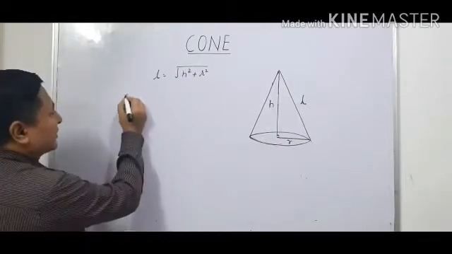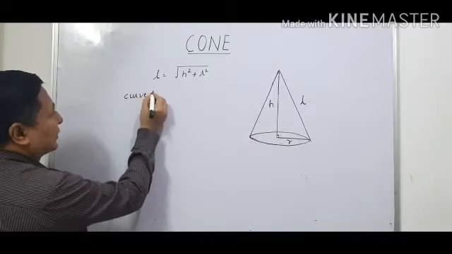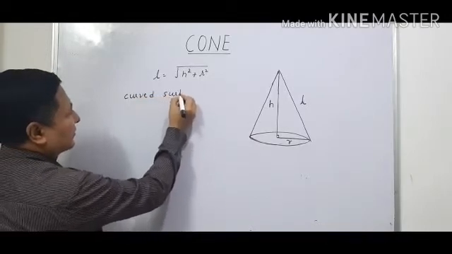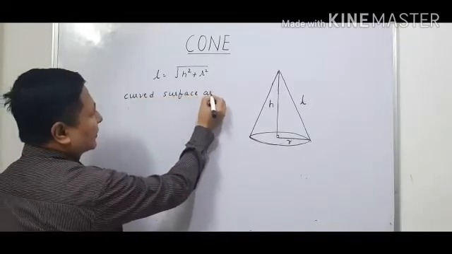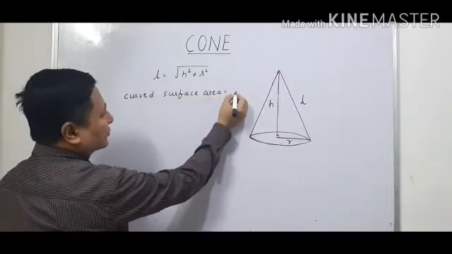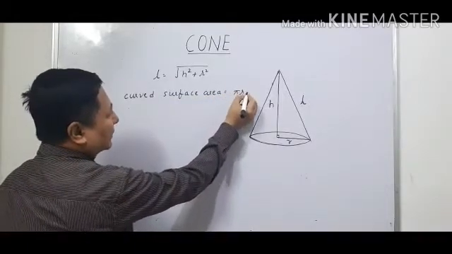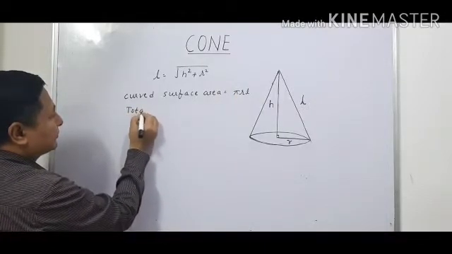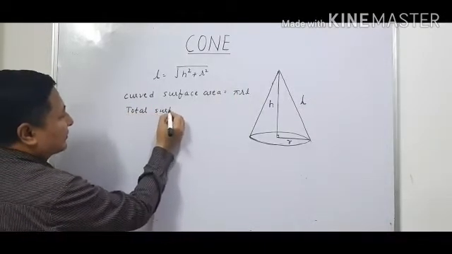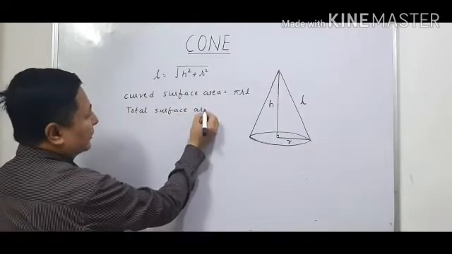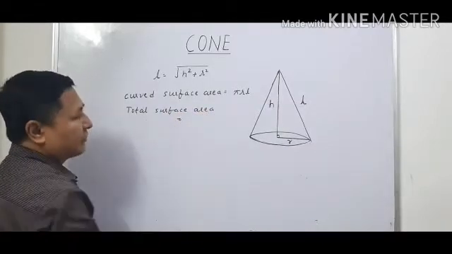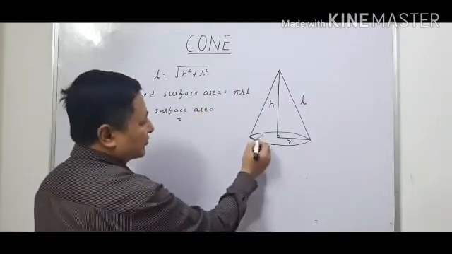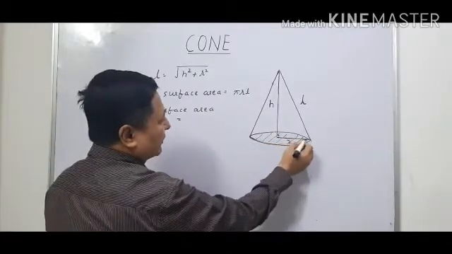First we'll say the curved surface area. Curved surface area is equal to pi r L. In the total surface area, we add the base also to the curved surface area.